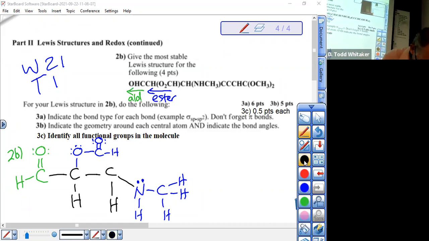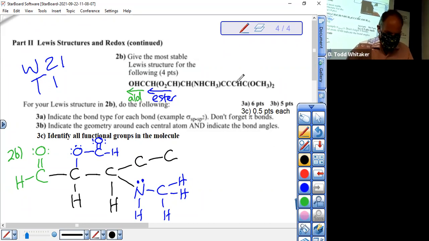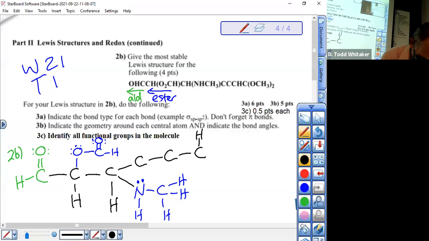Goes to a C with no H's. We are currently here. No H's. Goes to a C with no H's. Goes to a C with 1 H. Goes to a C that has 2 of these OCH3s. What does that mean?